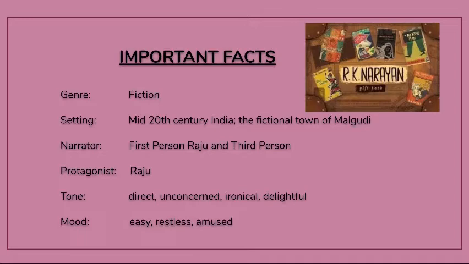So here the tone is direct, it is unconcerned, it is ironical, and it is also delightful. Now, the mood. Mood in literature is the atmosphere of the narrative. And here, when we read the novel, we feel it is easy, it is restless, and it is amusing for the reader.